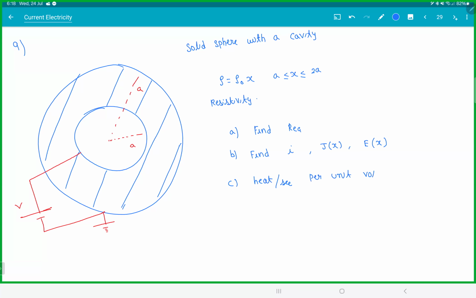I know I didn't teach you heat, but you know I square R, you can use that as a function of x. If they ask you a graph, they'll say plot heat per second per unit volume as a function of x. Find the potential as a function of x. And this is not the first time we did this. Heat transfer did the same thing, even better than this.